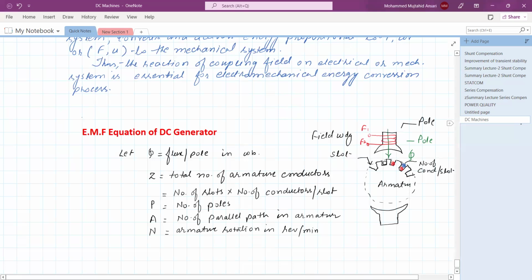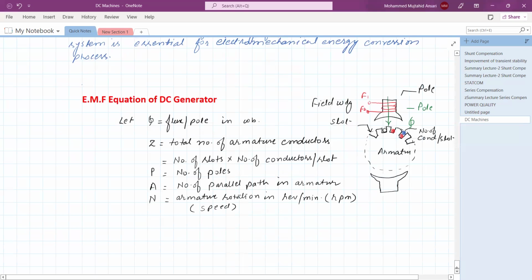So it is expressed as revolutions per minute, and that is nothing but the speed at which the armature rotates with the help of an external force or prime mover.